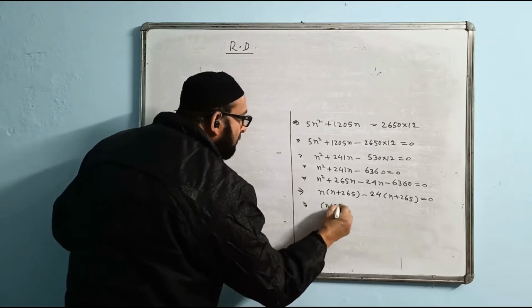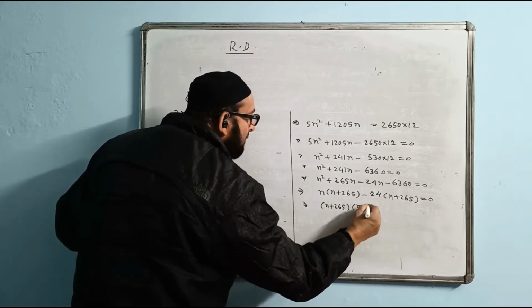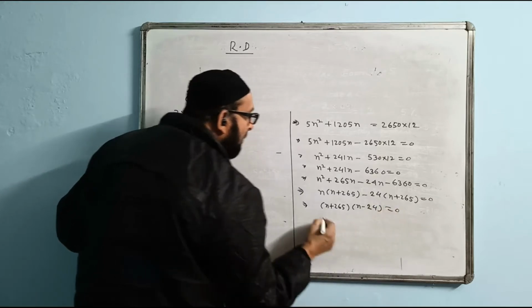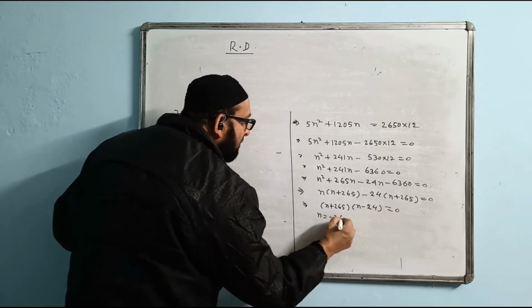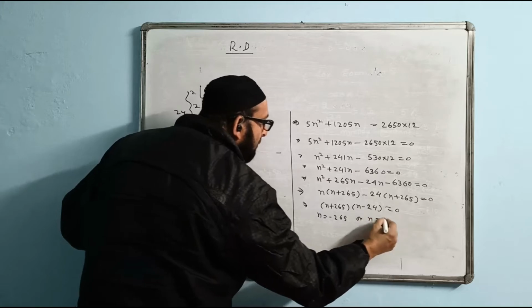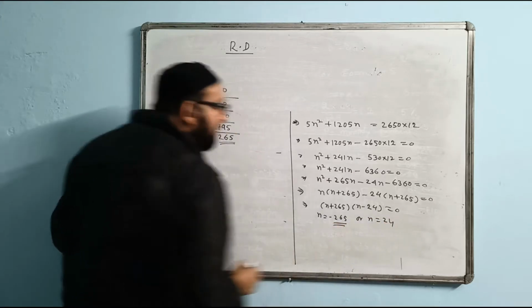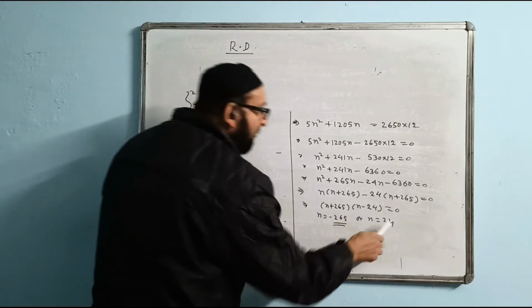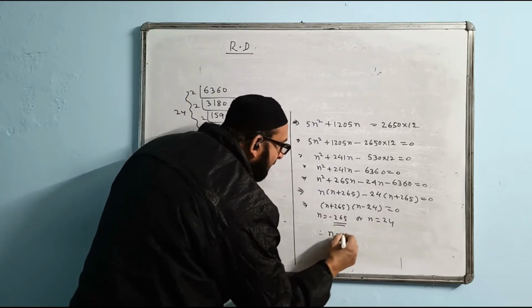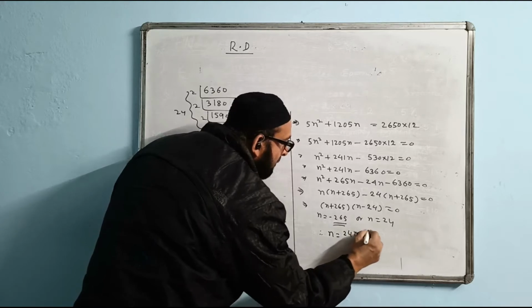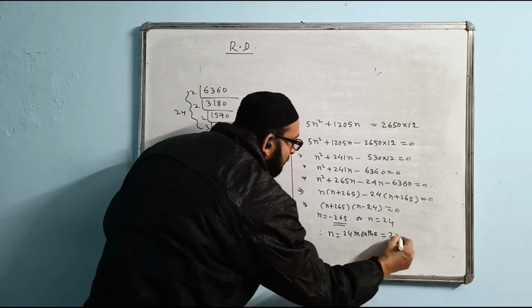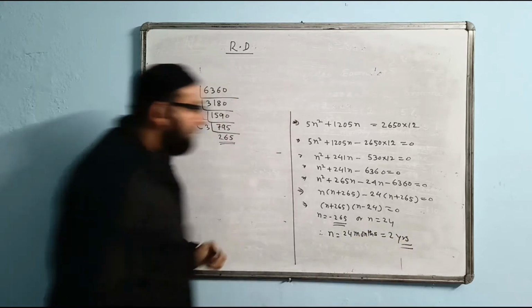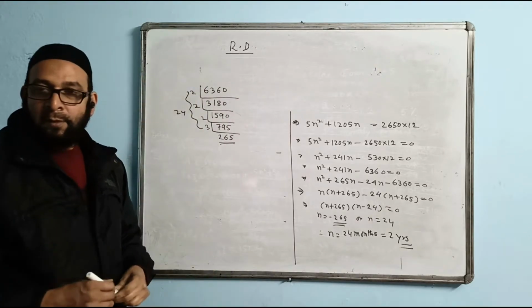Now it becomes n plus 265, n minus 24 equal to 0. You have two answers coming, minus 265 or n value will come 24. Minus answer is not possible because number of months cannot be negative. The possible answer is 24. Therefore, n is equal to 24 months, which is same as 2 years. The answer came back.